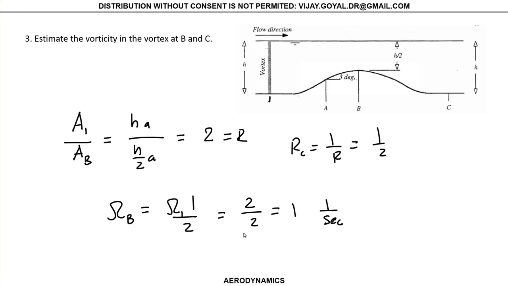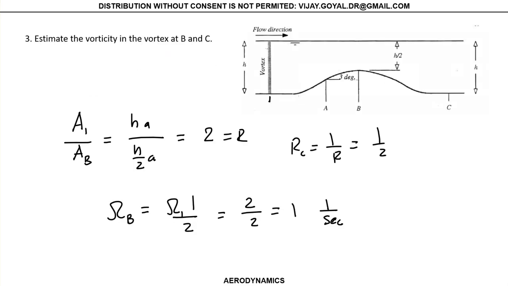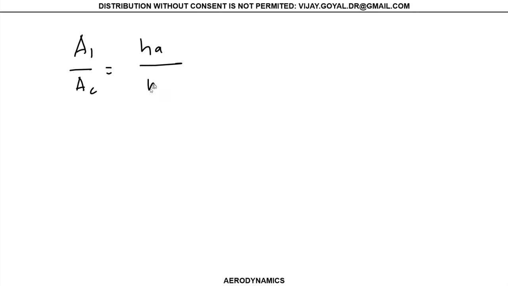Now we can go from this test section to this test section, or we can just go from here to here. Either way will give you the same answer. So watch this. If I go, let's say, A1 to AC, I have H over A in this section. I have H over A in that section, so that gives me 1.